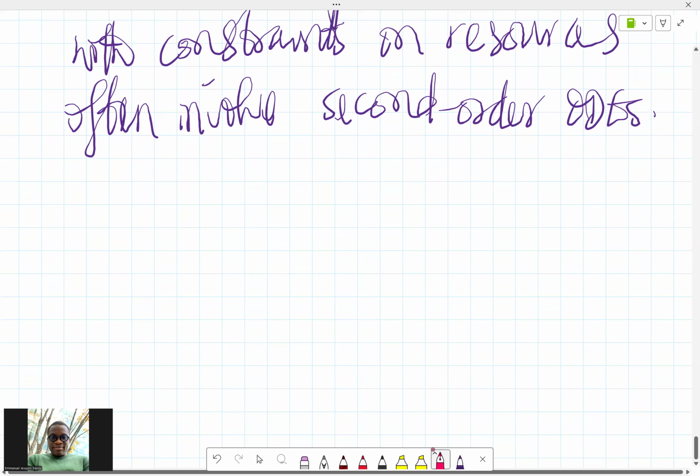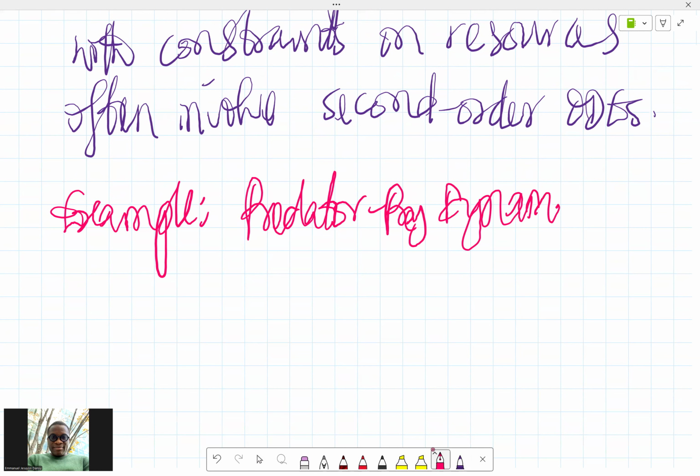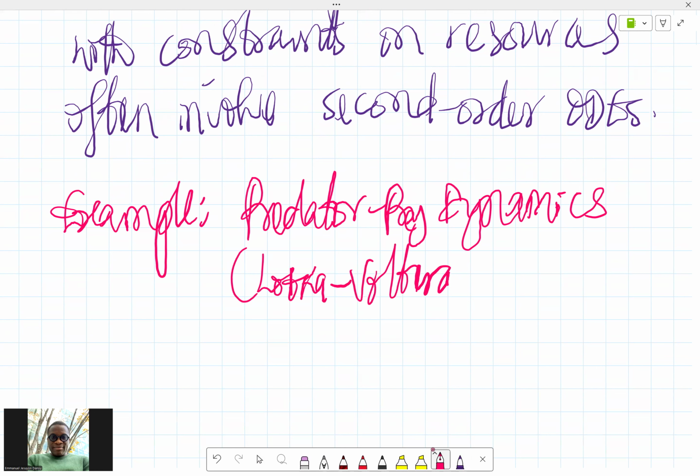For example, we have what we call the predator prey dynamics. And a very popular equation for this is the Lotka-Volterra model.